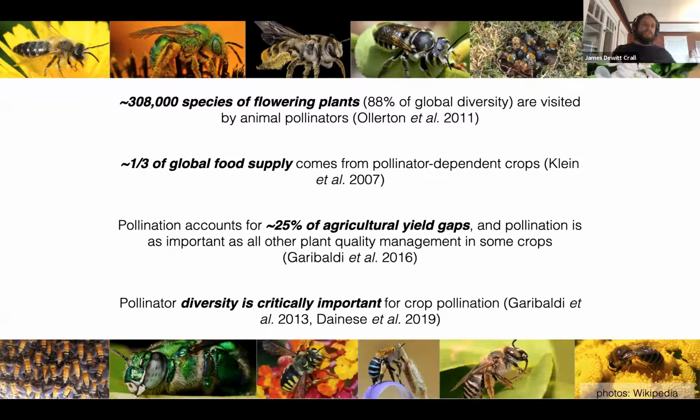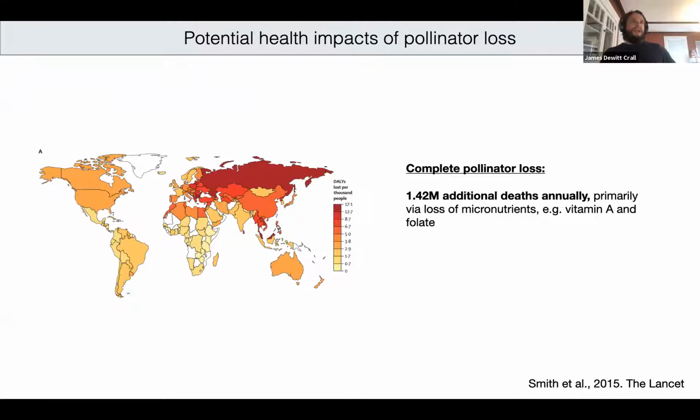And in addition to managed commercial pollinators like honeybees and also some bumblebees, we know that pollinator diversity, increasingly we're learning, is really important for food production. And in addition to the economic impacts of food production, pollinators are incredibly important for the health of humans, primarily because the crops that are pollinator dependent, that third of the food system, are especially rich in micronutrients.